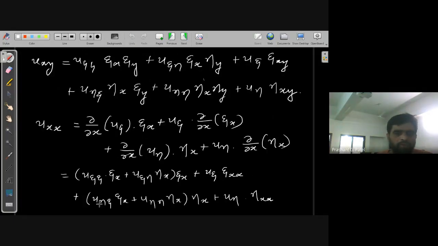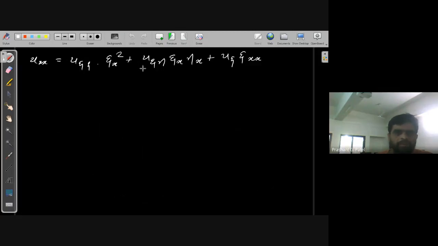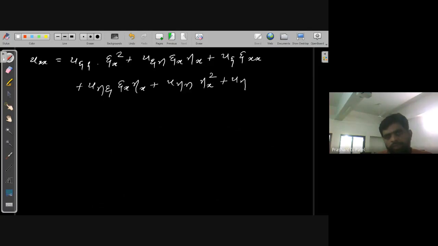Here you will have u xi eta xi x into eta x. So it is plus u eta xi xi x eta x plus u eta eta eta x square plus u eta into eta xx. Similarly, now I will not do the calculation for u yy.